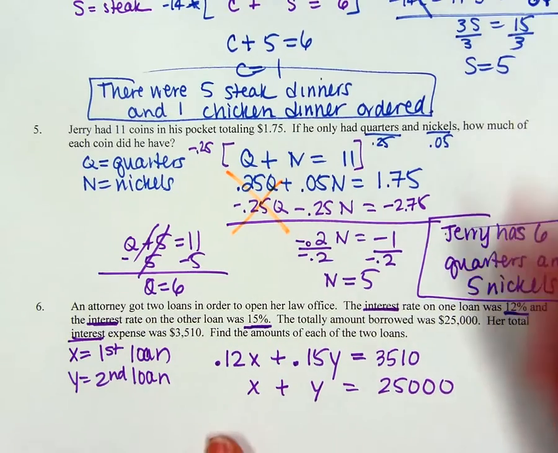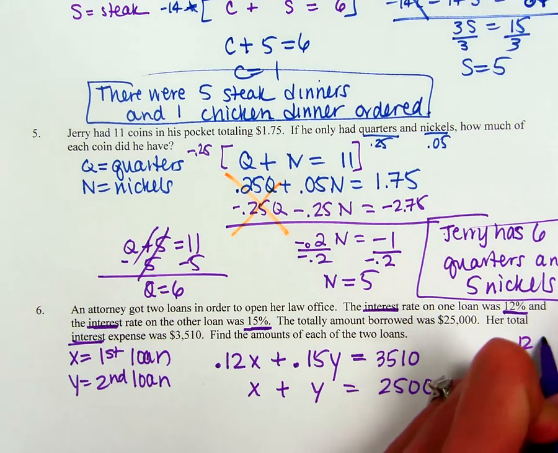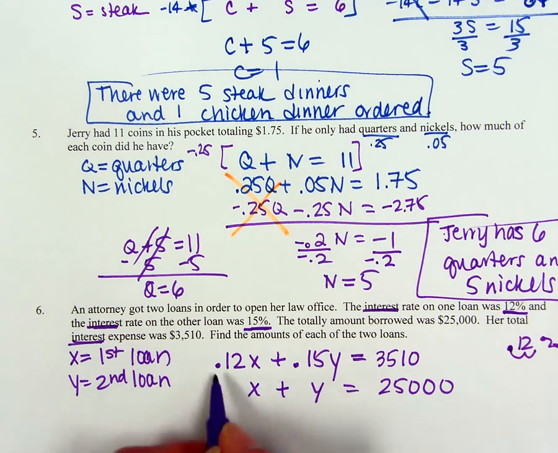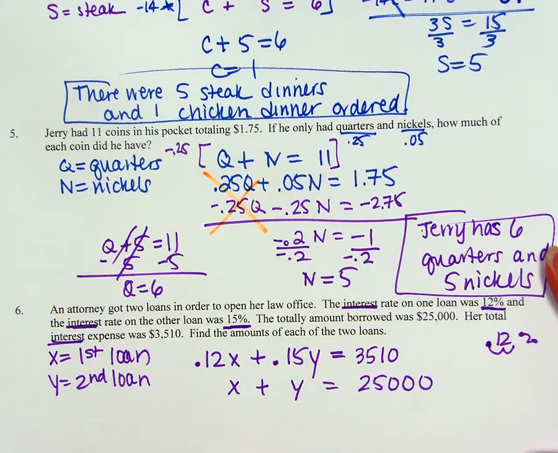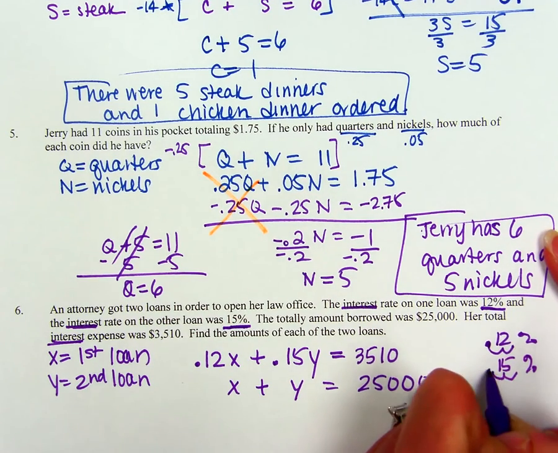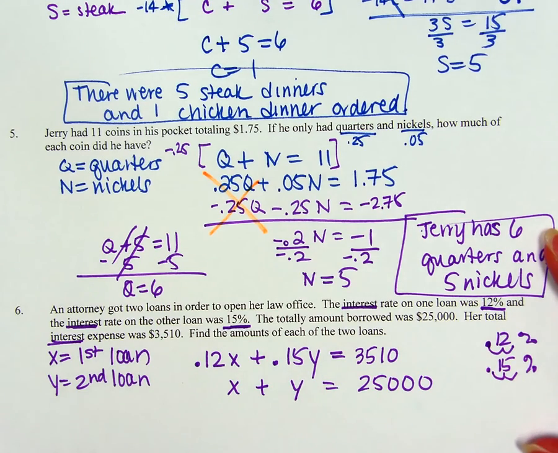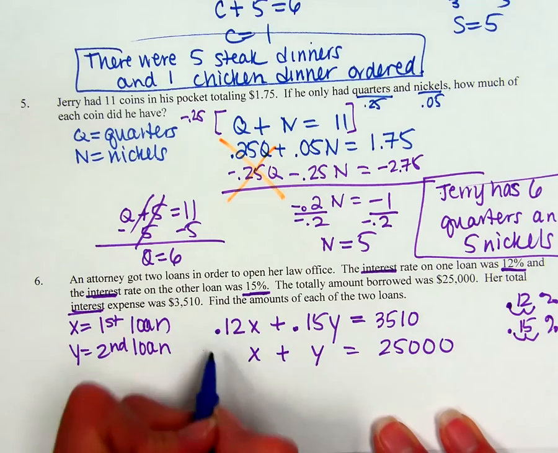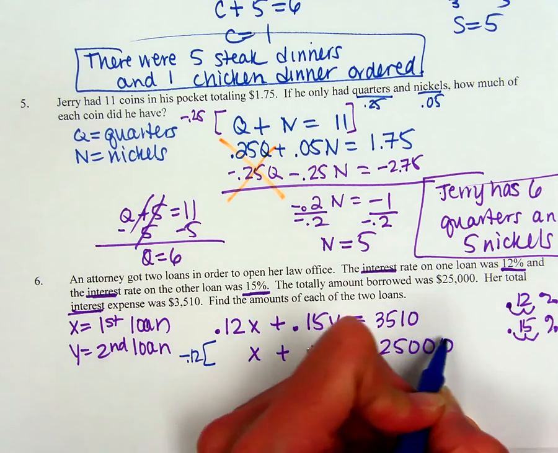All right, so notice that when you have a percentage, if you have 12%, you need to move the decimal place over 2 times. So that's why it's 0.12. And if it was 15%, I need to move 2 decimal places over. So that's why it's 0.15. All right, so I'm going to multiply the bottom equation by negative 0.12.